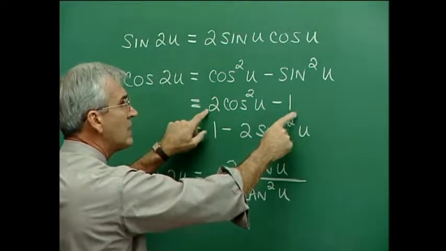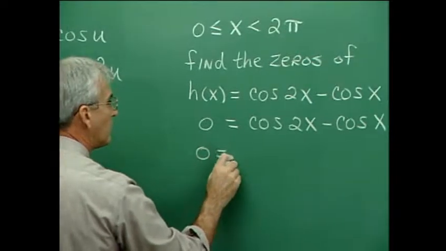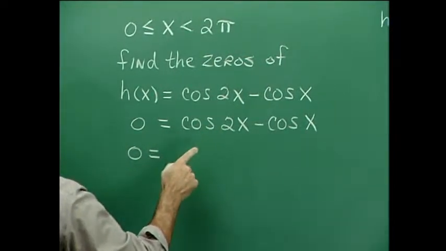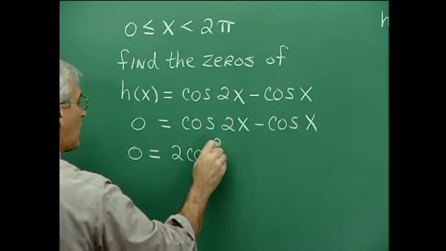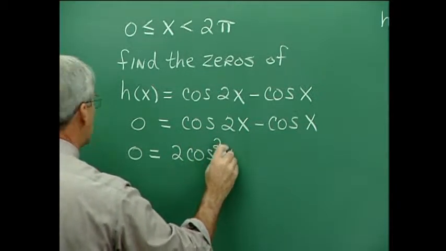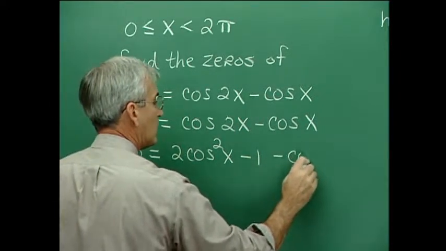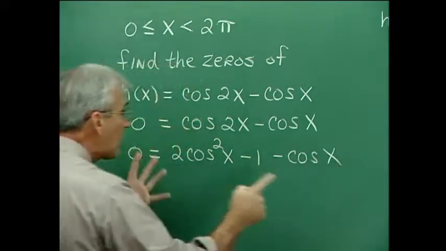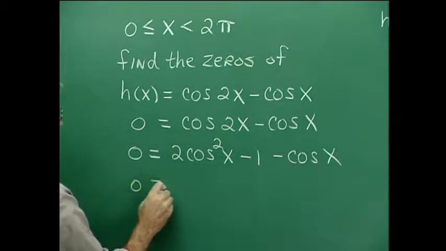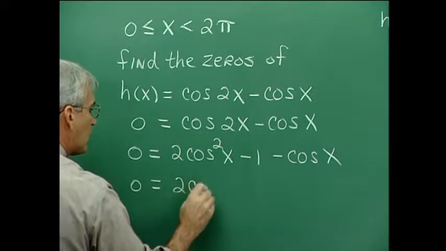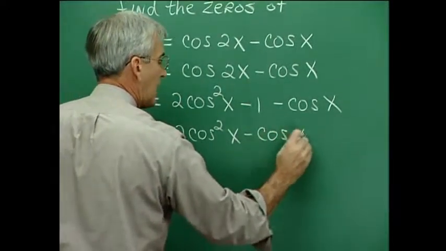All right, so we're going to use this in place of cosine 2x. And so I'm going to write 0 equals, now, instead of cosine 2x, I can use the formula 2 cosine squared x minus 1, and then this is minus cosine x. Now we have an expression which is quadratic in form, so we'll rewrite it in the normal way, that is 2 cosine squared x, then minus cosine x, and then minus 1.